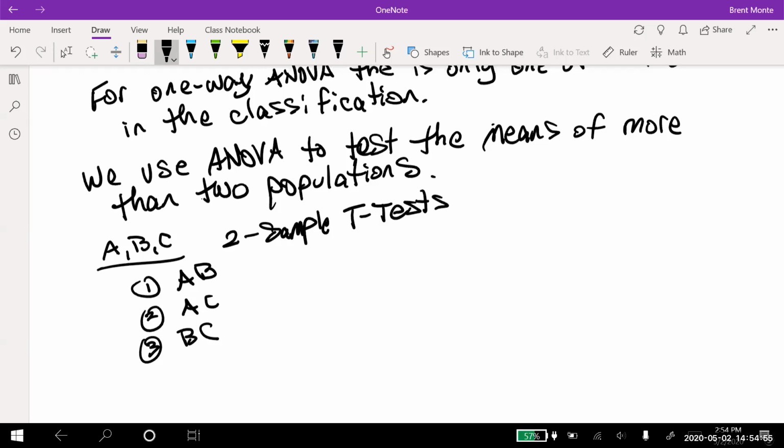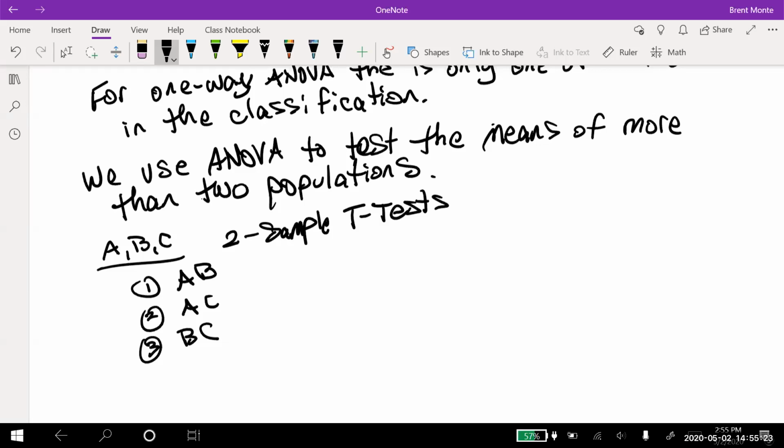And the problem is when I do those tests, the significance level I'm using, alpha, it doesn't just stay at whatever we state it's going to be. So say for the hypothesis test between A and B, we're doing a 2-sample t-test, and say we have a significance level of 5%. It means we're only having a 5% chance of making a type 1 error or rejecting the null hypothesis when it's true.